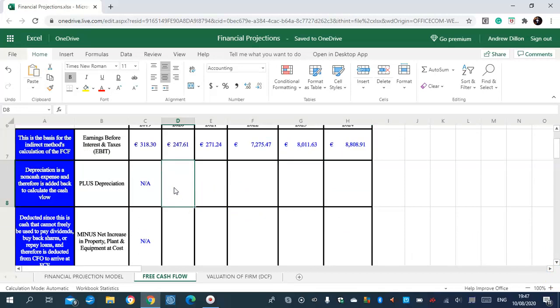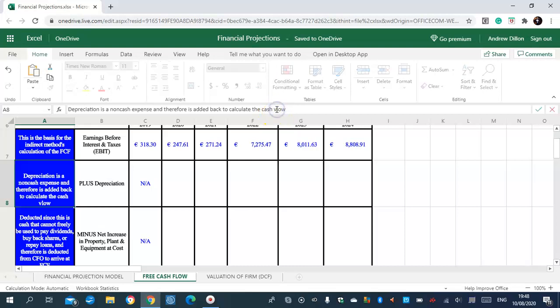Before I calculate it, let's read the line. Depreciation is a non-cash expense and therefore is added back to calculate the cash flow. What's below should be called cash flow.